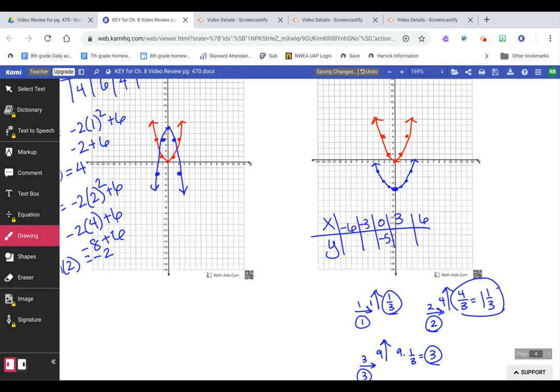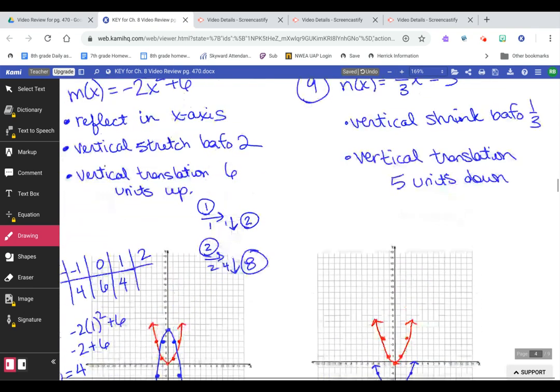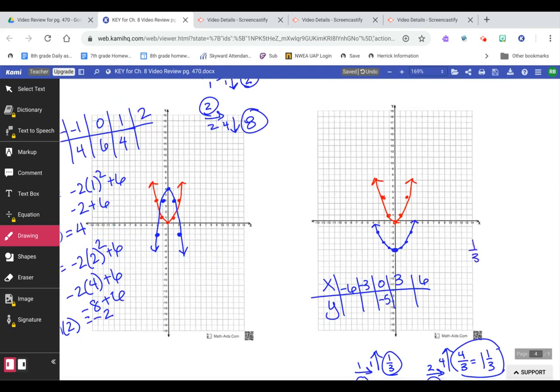So we already know that when x is 3, we go up 3, but the actual number, we're going to do 1/3 times 3 squared minus 5. So 1/3 times 9 minus 5. So this would be 3 minus 5, which gives you -2. So when x is 3, you go down 2, and that's what we have right there. And then it would be symmetrical on the other side.